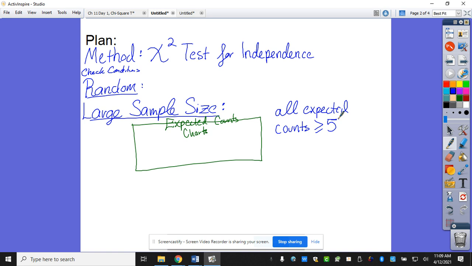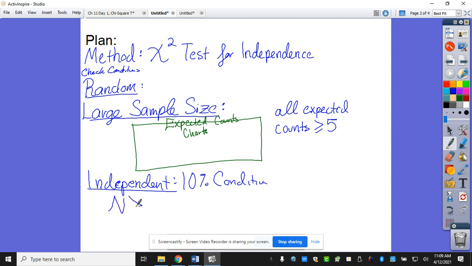And then our last one is what? So independent 10% condition, nothing changes about that the way we've been doing it. And then there are at least however many.